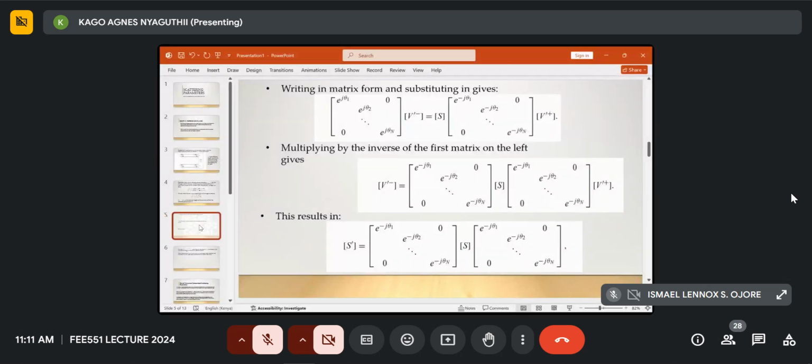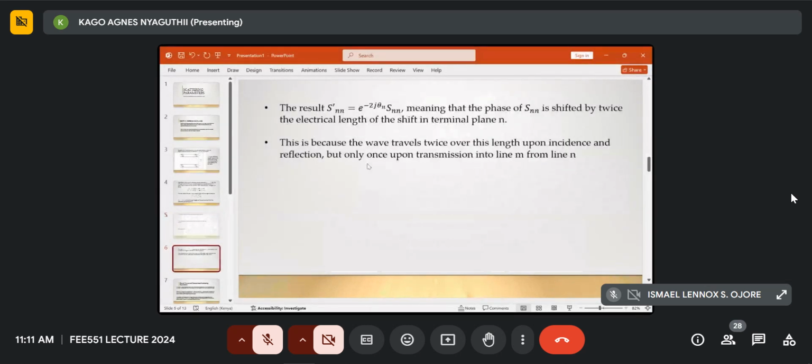After all that, you get that the new scattering matrix is equal to e raised to the power negative 2j theta n for S nn. S nn, as my previous group mates had talked about, is just the scattering parameter for the reflected wave when it's reflected in the same port. So that means that it will travel the same electrical length twice.